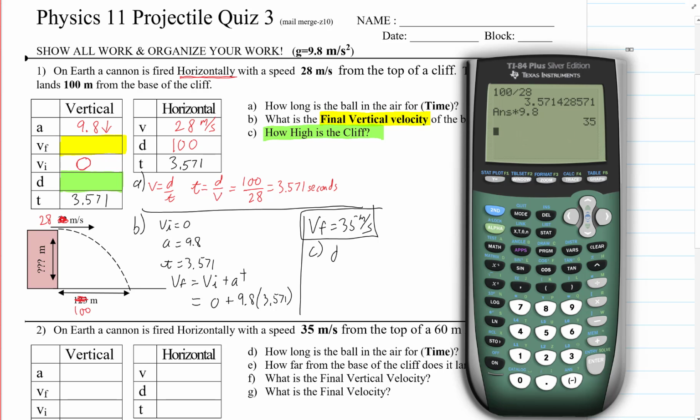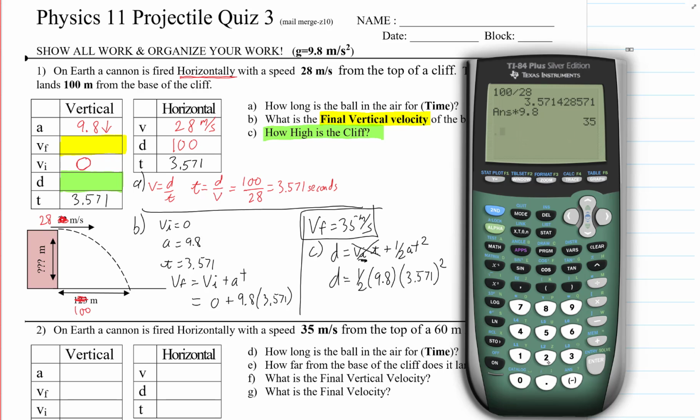So I'm just going to go D equals VIT plus 1/2 AT squared, one of my favorite kinematic formulas. Why? Because when VI is 0, it becomes very simple. That term is gone because VI is 0. So the distance is going to equal 1/2 9.8 times that time, 3.571 squared.